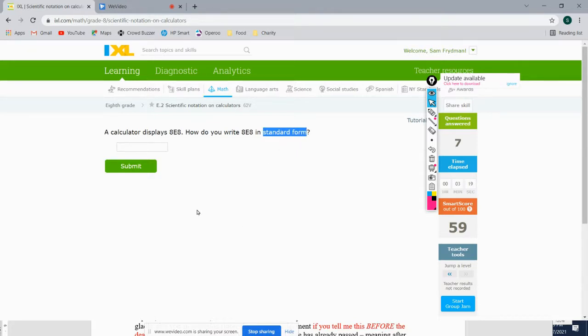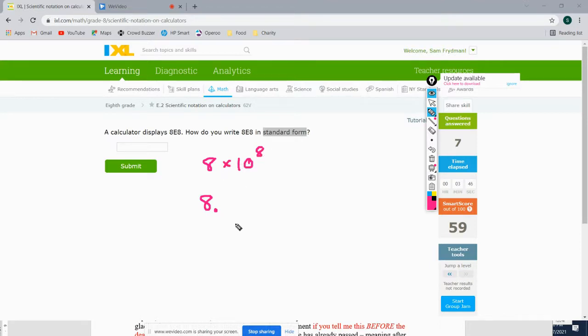Okay, good. So 8E8 means 8 times 10 to the 8th power, which really means 8 times 10 times 10 times 10 times 10. I would have 8 tens multiplied together. So basically, I'm going to start with this 8 here, and the decimal point would be right over here. Remember, if you don't see the decimal point, then it comes right at the end of the number.